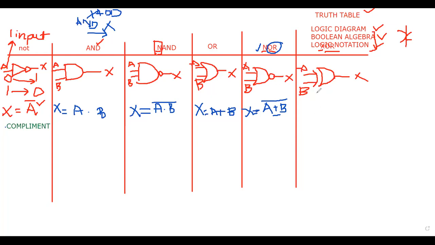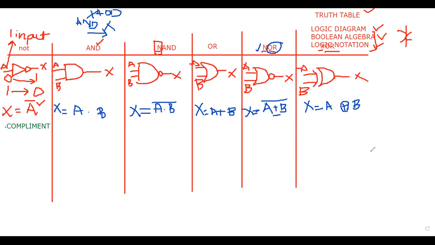Now XOR. XOR would be like X is equal to A plus B, but since it is XOR, we have to circle the plus sign. Why circle?